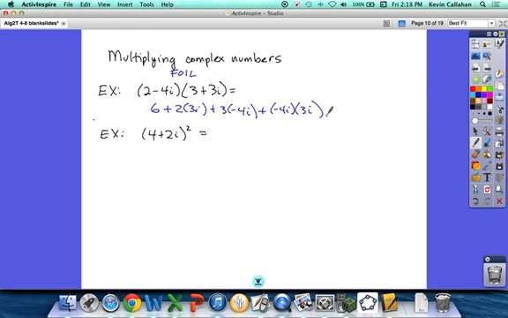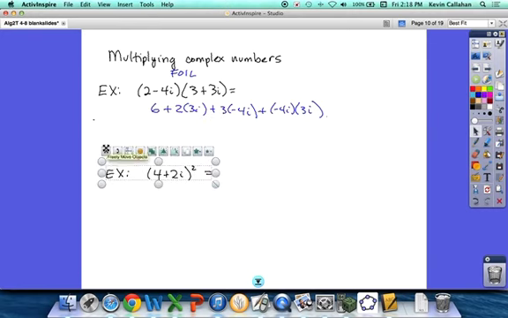Okay, now let's simplify. Two times 3 is 6, plus 6i minus 12i. And then what about that last term? It's negative 4 times positive 3, which is negative 12. And then there's i times an i, which is i squared.